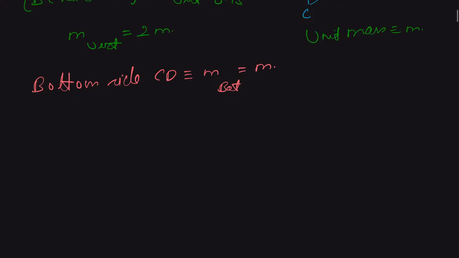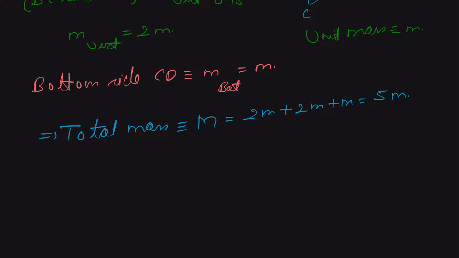Thus the total mass will be equal to, let us call this a capital M, and this is 2m plus 2m plus m, which comes as 5 times m.